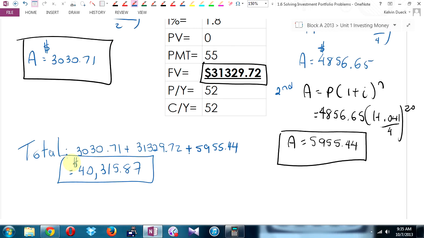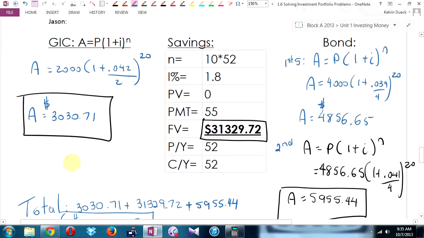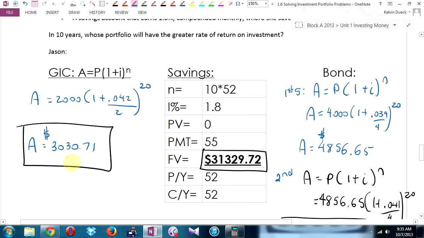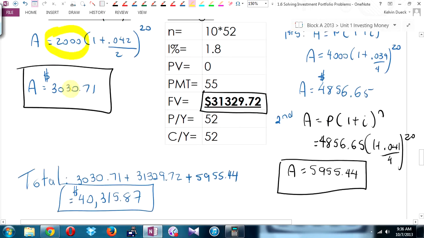So we need to figure out, first of all, how much money he dumped in. Look at the first one. I think in the GIC, he just dumped in that much. Is that okay?